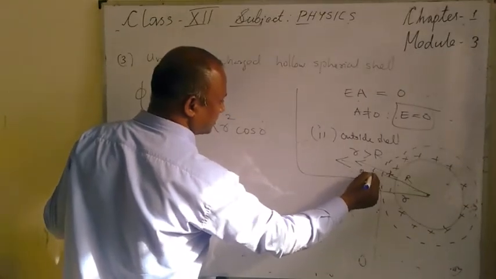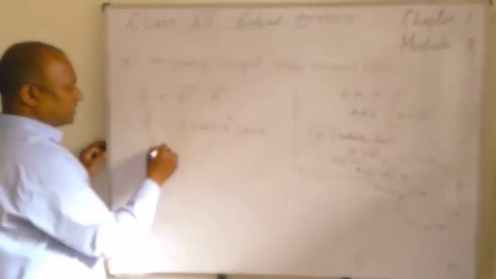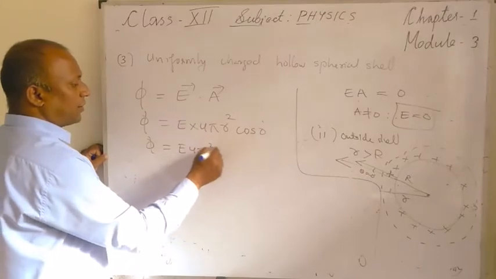So theta is 0. So flux is equal to E into 4 pi R square, equation number 1.